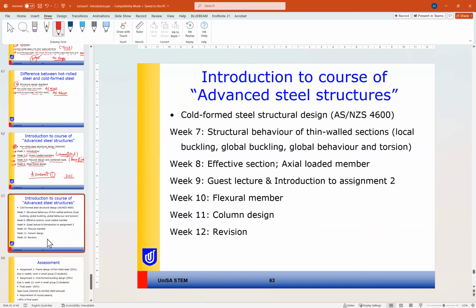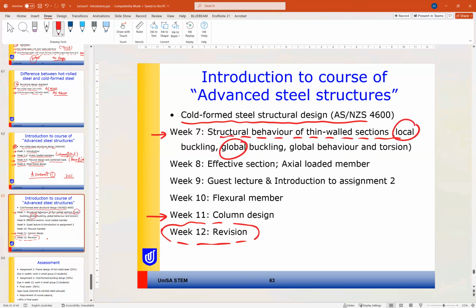For the cold formed steel part, which will be second half of the course, from week 7 to week 11, and week 12 will be revision for the whole course. So week 7 we will discuss the structural behavior of thin walled members. We will consider the local buckling and the global buckling and torsion behavior of the members. Week 8 we have the effective section and effective width, which is the design procedure of the cold formed steel for axial loaded member.